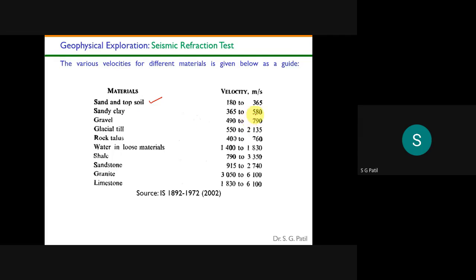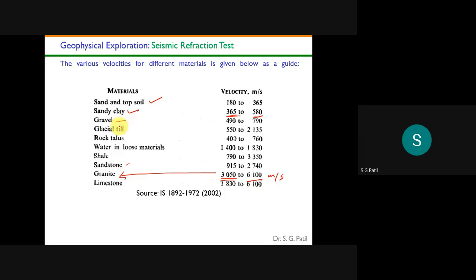If you are getting a velocity in the range of 365 to 580, then you can call that layer a sandy clay. If you are getting a velocity somewhere in the 3050 to 6100 meters per second, then you can call that layer granite, like sandstone, gravel.